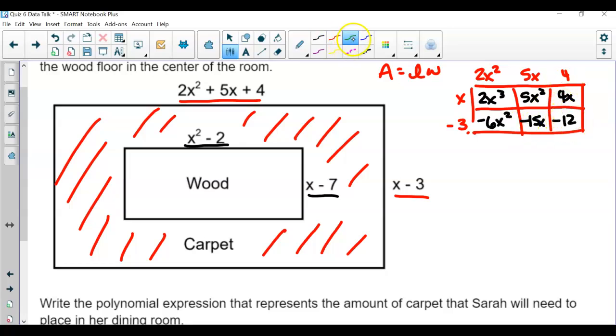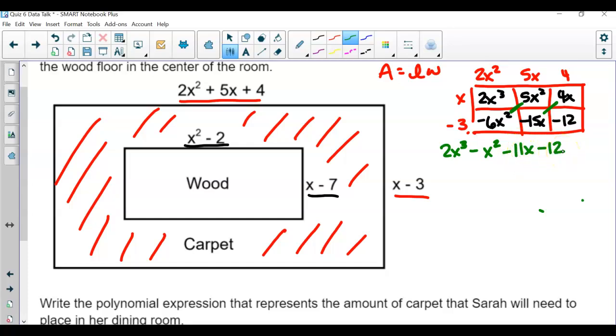Then of course combine your like terms. So I have only my 2x cubed, but I do have negative 6 plus 5, which is negative 1, so negative x squared. Here I have my x's, negative 15 plus 4, negative 11x minus 12.